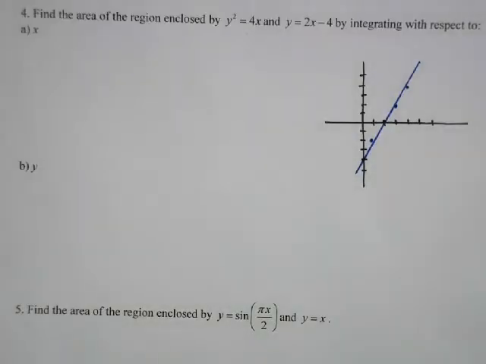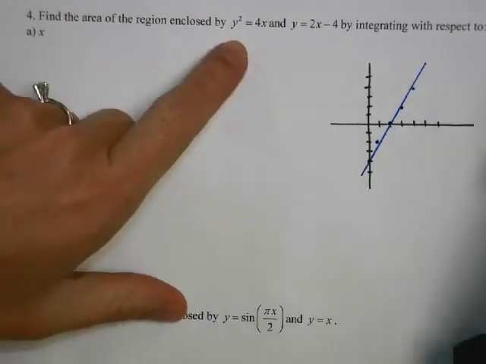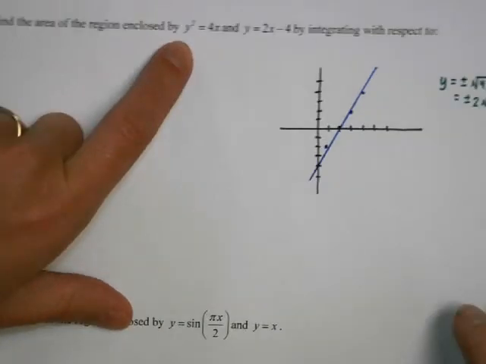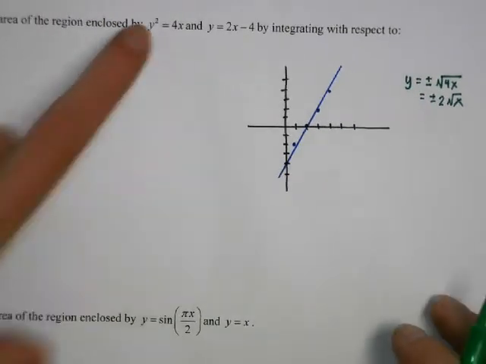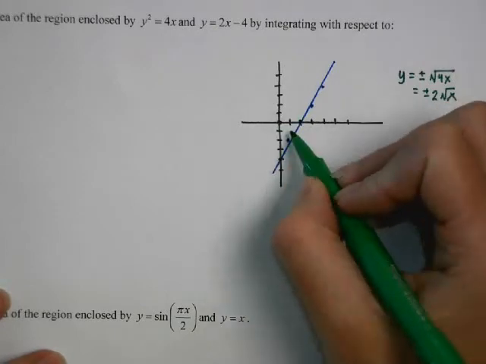Okay, this other one, we have y squared equals 4x. So that means y is equal to plus or minus the square root of 4x, or plus or minus 2 root x. Okay, so at 0, we're at 0.